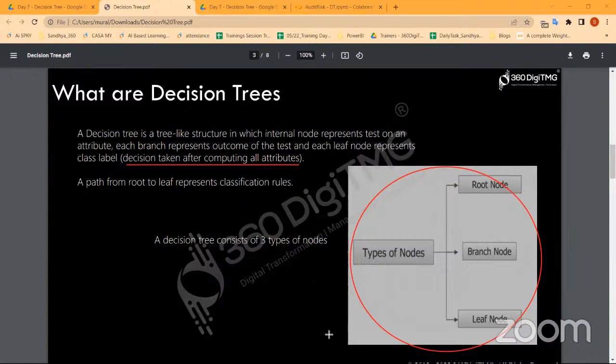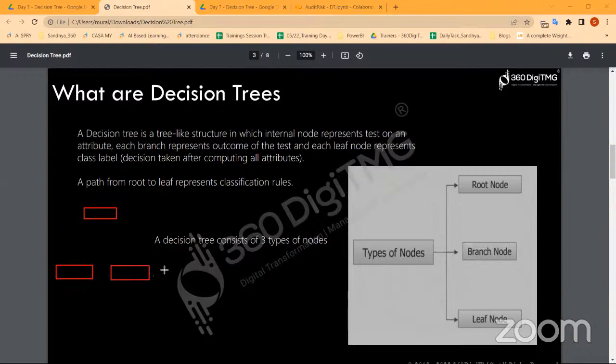For example, let me try to draw. Let's say this is a root node. From the root node, we will have branches. Let's say we have three branches, and they are again connected.